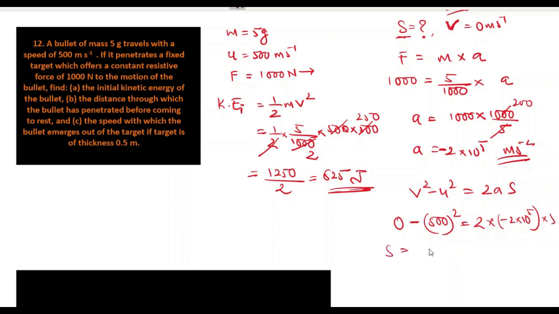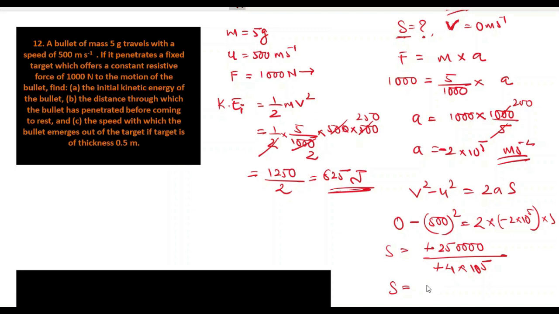So s is equal to minus 25 and then 4 zeros upon minus 4 into 10 raised to 5. Okay, so the minus will get cut. 25 by 4, 25 by 2 is 12.5, and 12.5 divided by 2 is 6.25.